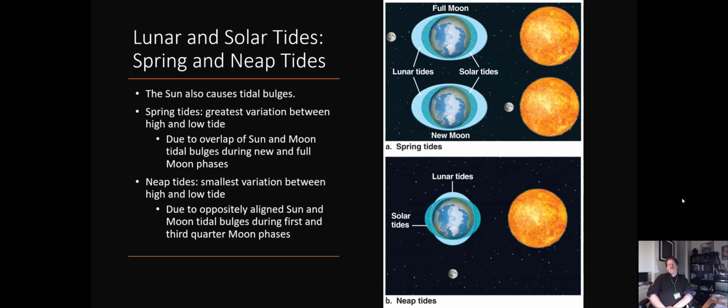If you have an orientation where the Earth, Sun, and Moon are all in a line, as you would have during a full moon and a new moon, then those 2 gravitational attractions will sum. They will add up to each other, and so the tides will be exaggerated. So you have higher high tides and lower low tides during the spring tides.